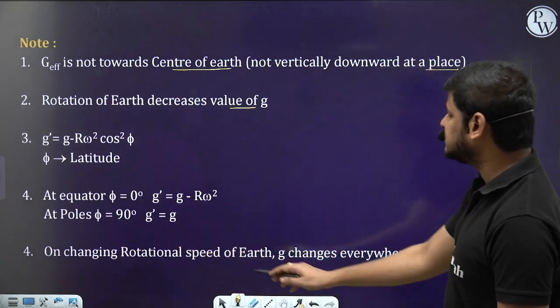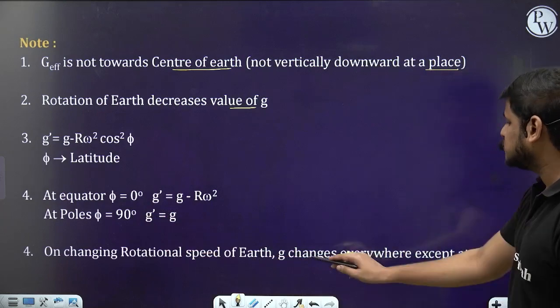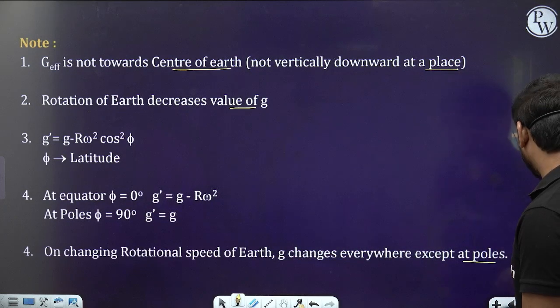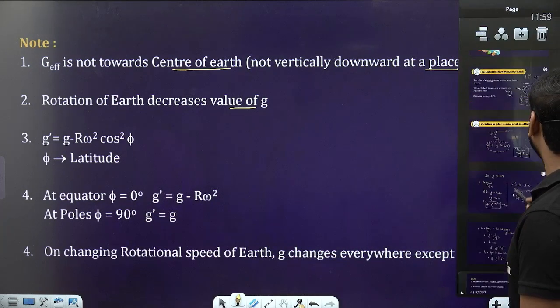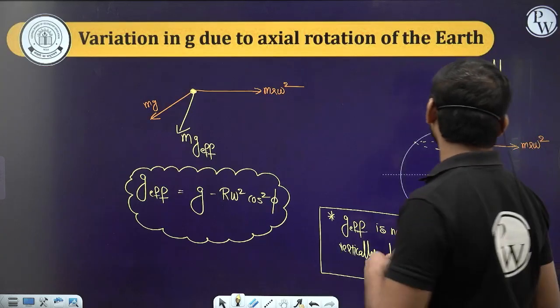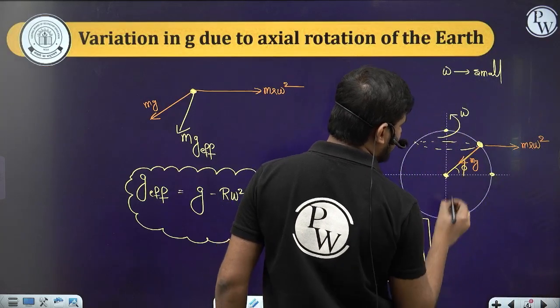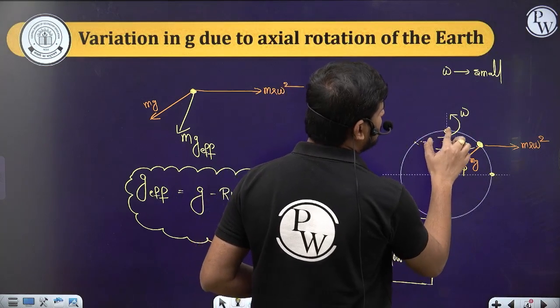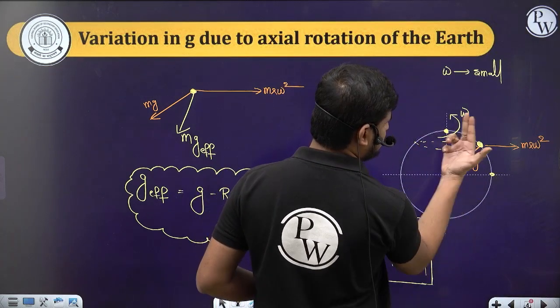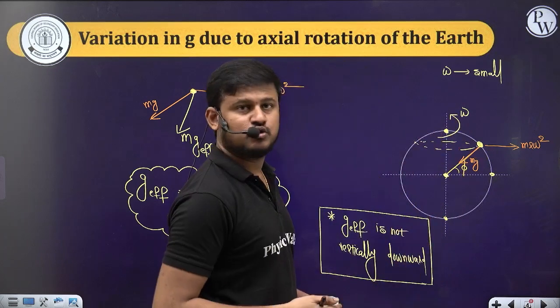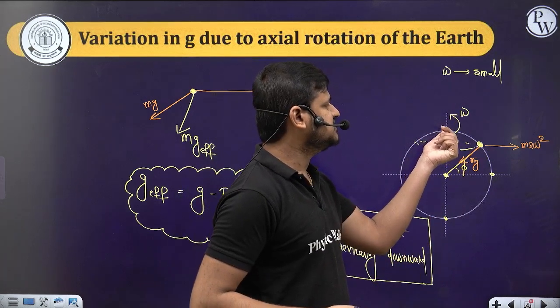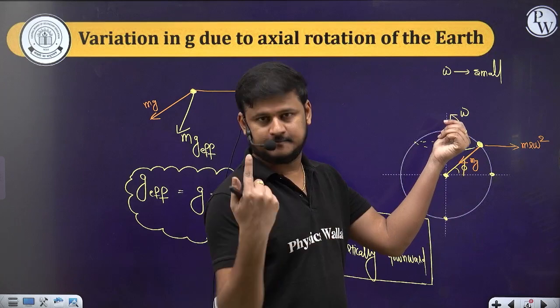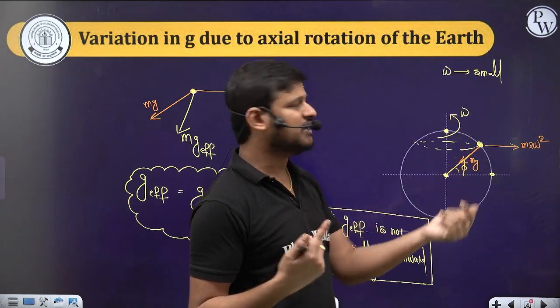So on changing the rotational speed of the earth, the g changes everywhere except the poles. Why? Because as the earth is rotating, the poles are not rotating, right? The point at the pole is rotating only about its own axis, so it is not rotating in a circle.